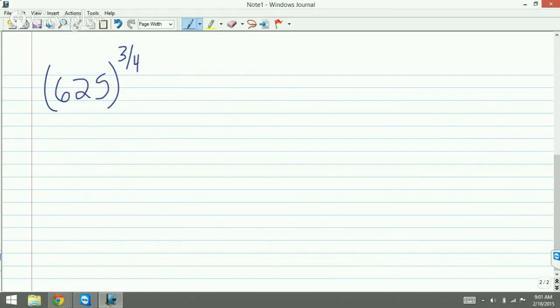Okay, so there are a couple ways. One of them, Kira just shouted out. So 5 to the fourth is 625. Multiply the exponents. 3/4 times 4 is 3. 5 to the third power is 125.